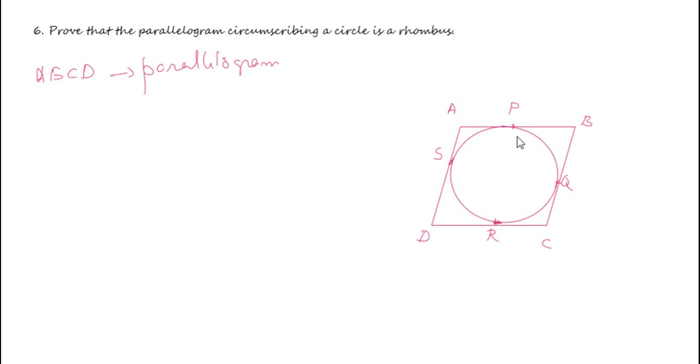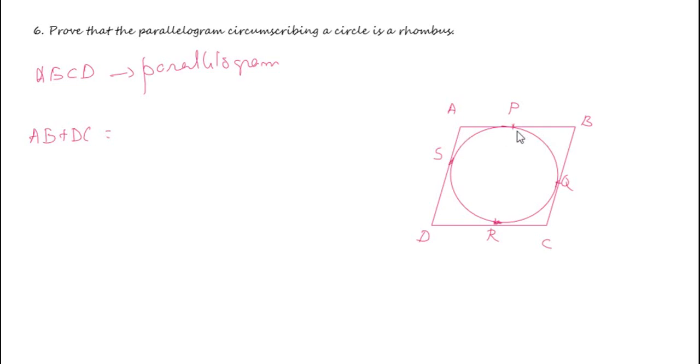Now I am marking these points of contact of these sides to the circle as P, Q, R and S. Now let us calculate AB plus DC.